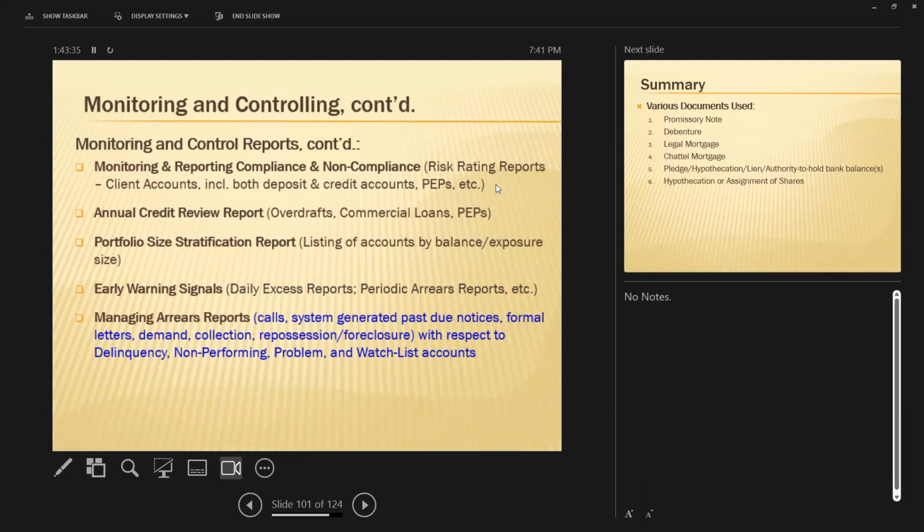But it will document calls, system generated past due notices, formal letters of demand, collection, repossession, foreclosure, all your delinquent accounts, those that are non-performing as well as those that are performing, any problem loans or any watch list accounts, that is accounts you want to just watch. So, for example, even if they're performing well, PEPs would be on your watch list because of the nature of them, the politically exposed people.